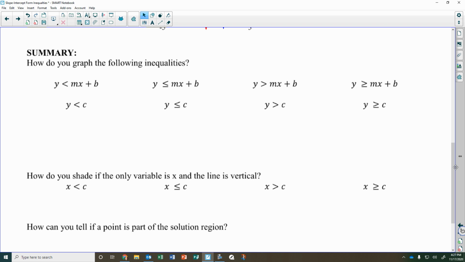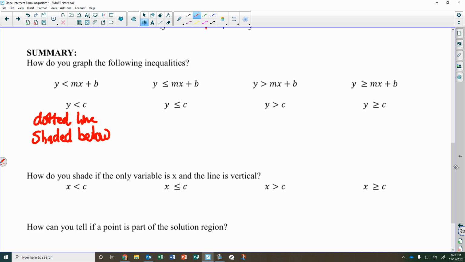So it says, how do you graph the following inequalities? When you have something like this, y is less than, this is going to be a dashed or dotted line. It's less than, so it's going to be shaded below. When you've got the less than or equal to, this is a solid line, shaded below.